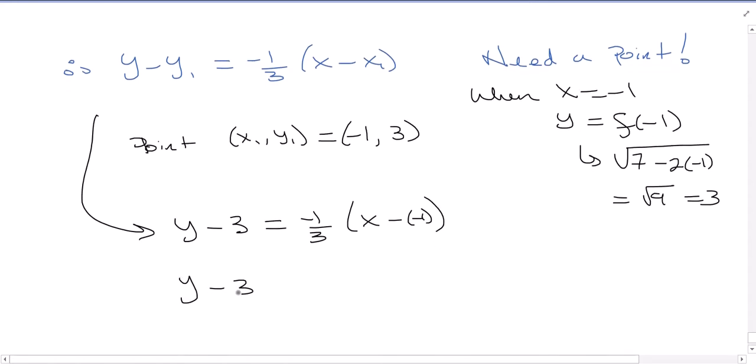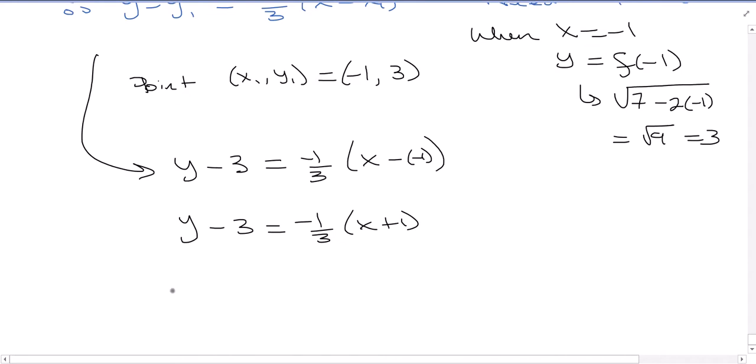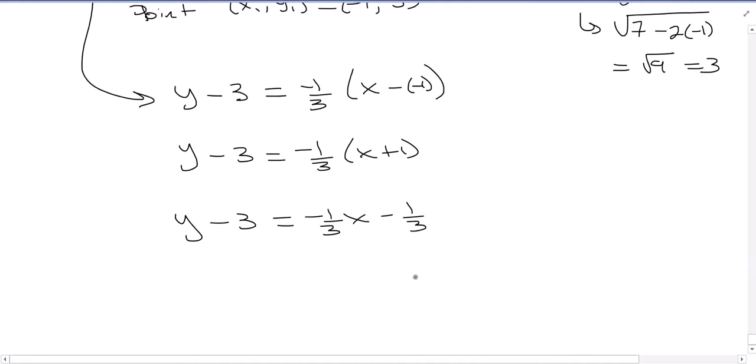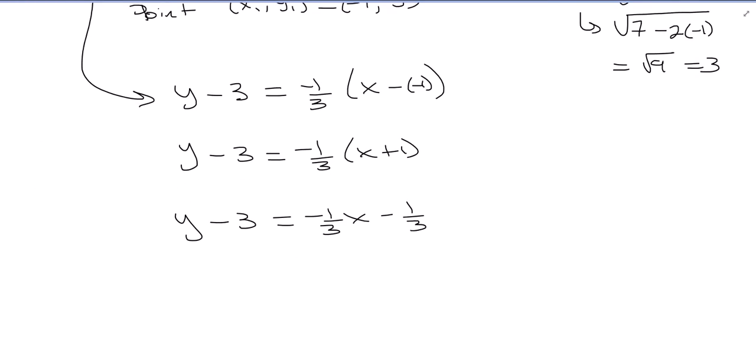And just simplify it. Distribute the negative 1/3. So if you want to put it into slope-intercept form, this will be y minus 3 equals negative 1/3 x minus 1/3, and then add 3 to both sides. Here you will need a common denominator.